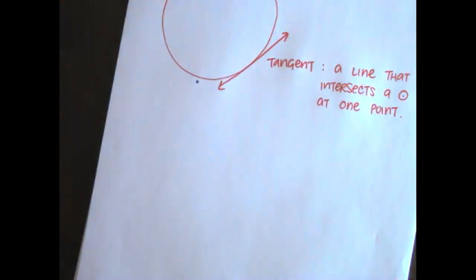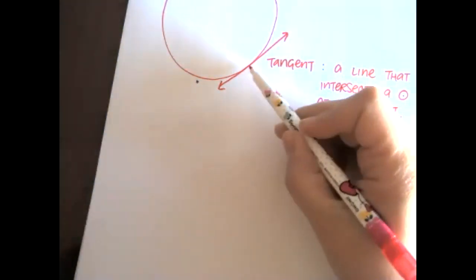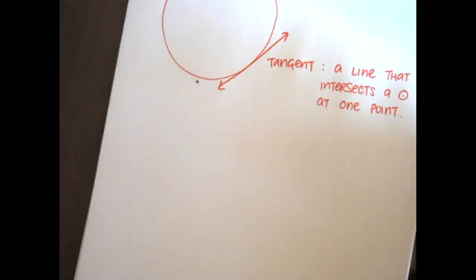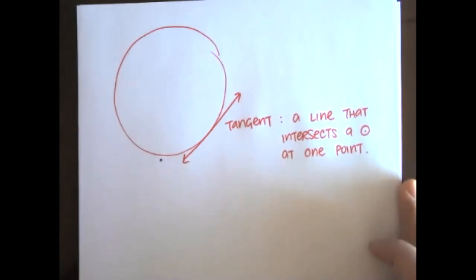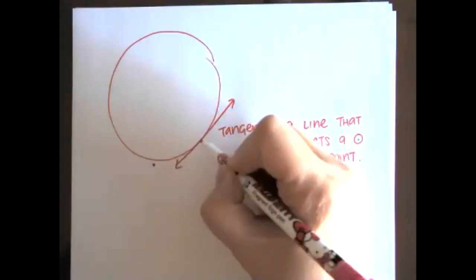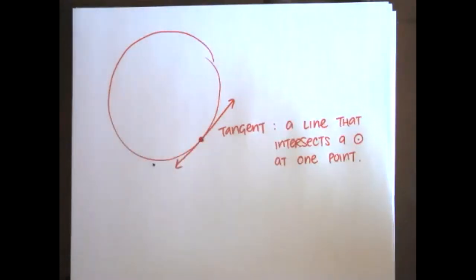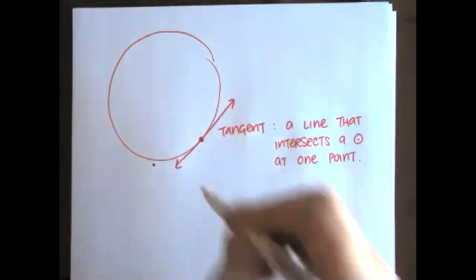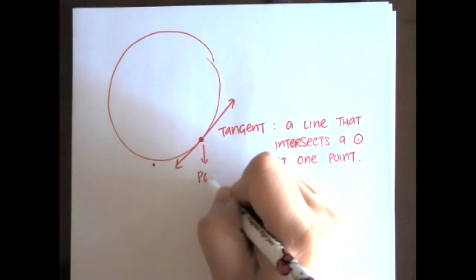So it kind of just grazes the side, like it just touches it right there. It almost looks like the circle is sitting on the line. That's a tangent. And that point where the line and the circle meet is called the point of tangency.